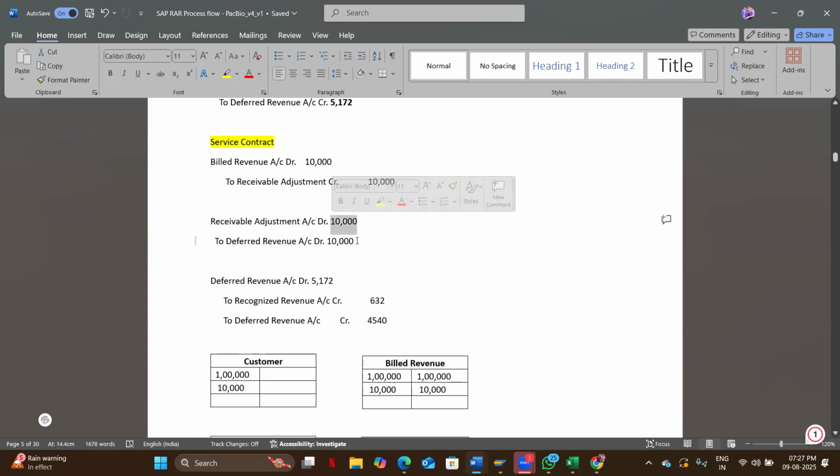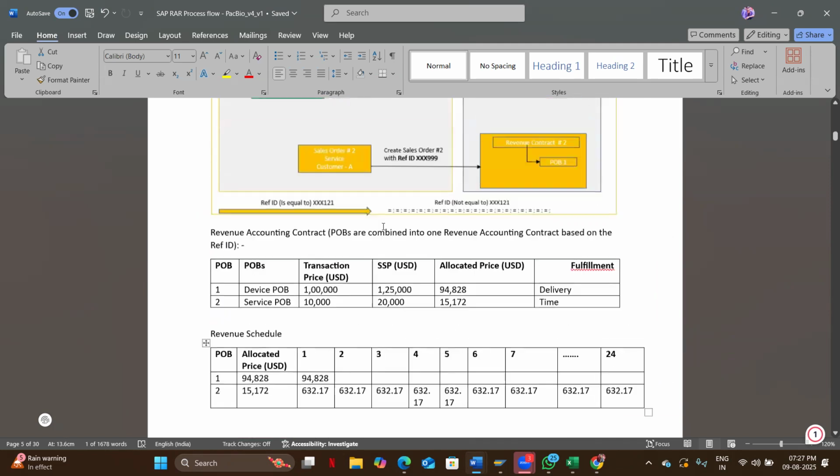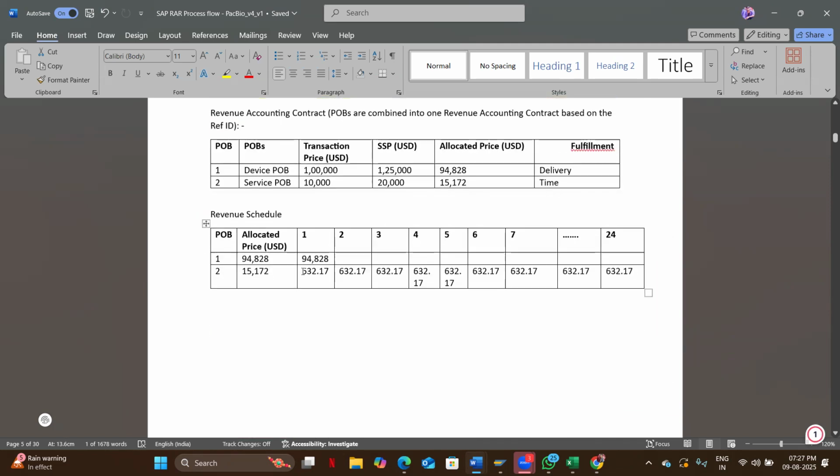to go to deferred revenue first. From deferred revenue to recognized revenue, again, how much needs to be recognized we saw here. This is 6, total our allocation is 15,172, but it needs to be recognized per month.